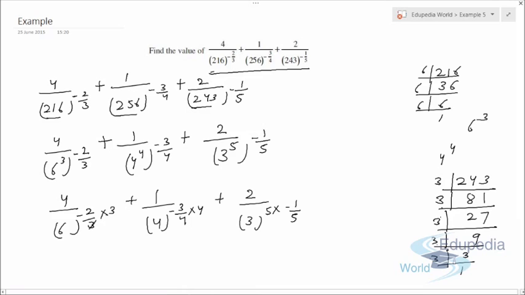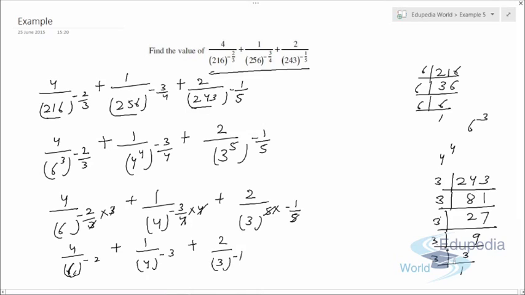Again we can cancel out. This and this will get cancelled. This and this will get cancelled. This and this will get cancelled. So the answer comes out to be 4 upon 6 raised to power minus 2 plus 1 upon 4 raised to power minus 3 plus 2 upon 3 raised to power minus 1.